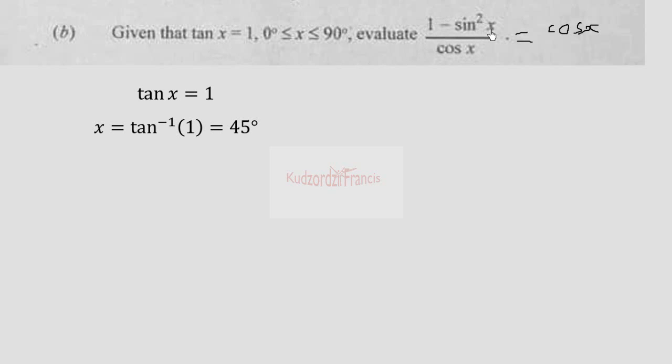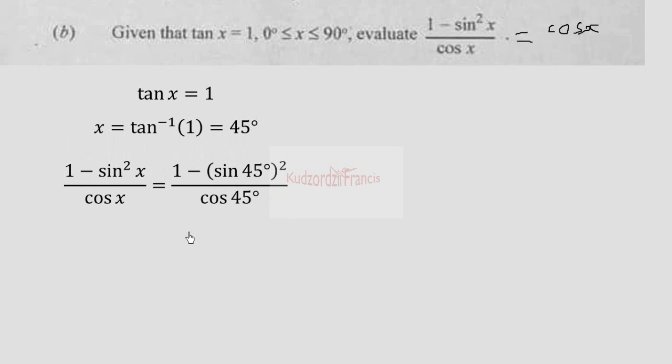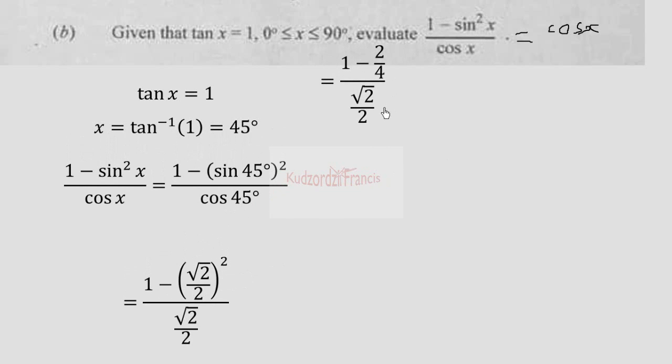So just put 45 here and 45 here. So that will give you 1 minus sin 45 squared over cos 45. So you square this, you get 2 over 4. So this is the same as 1 minus half, and half over root 2 over 2.